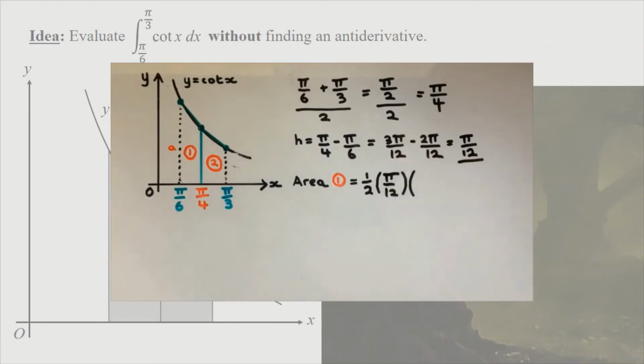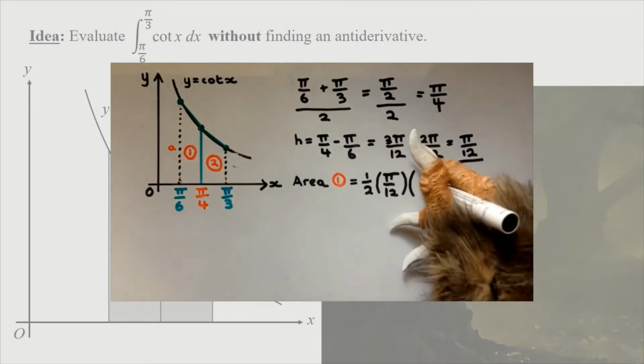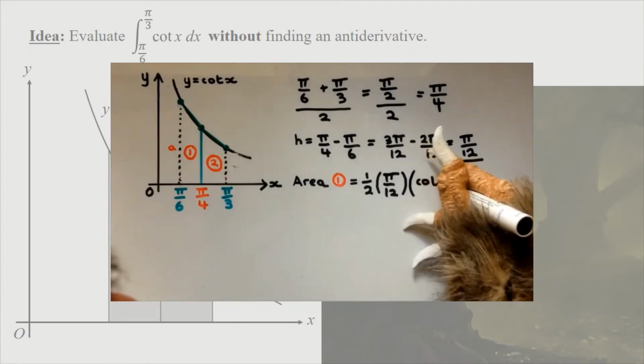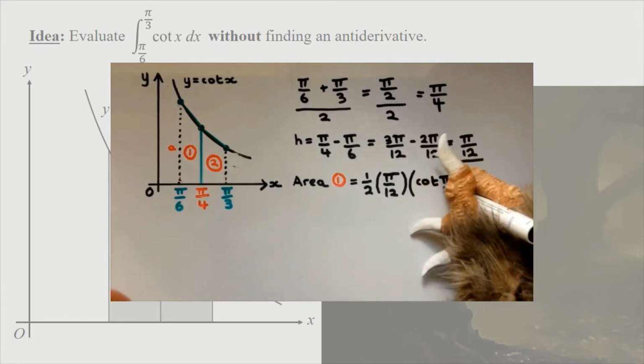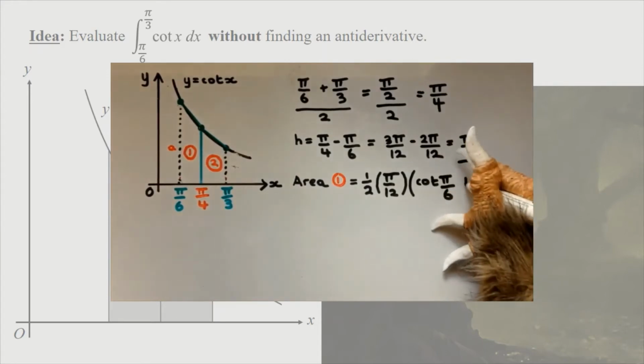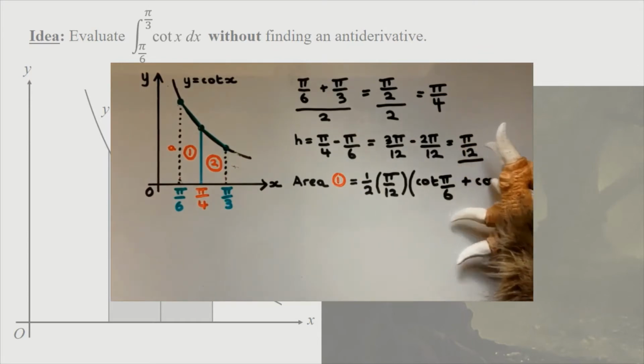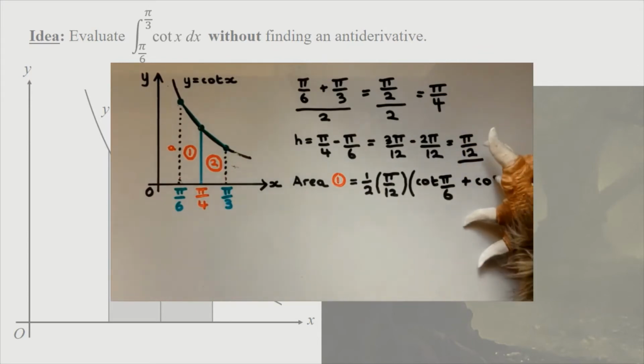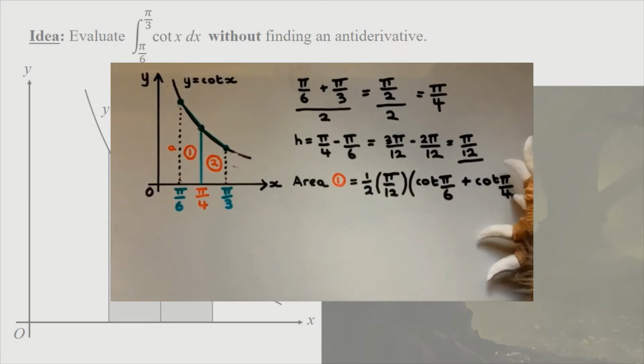And then we're going to put in a plus b, so that's going to be cot of pi over 6. We used that last time, of course, in case 1. Cot of pi over 6. And then b, so that's going to be cot of pi over 4. And we'll close that bracket.